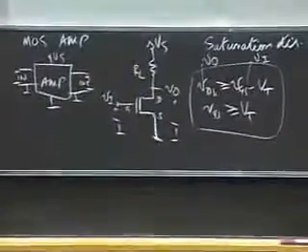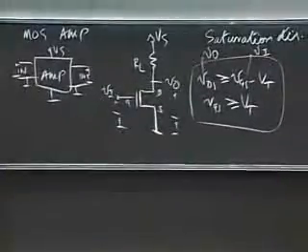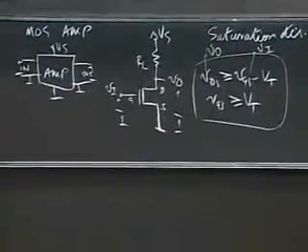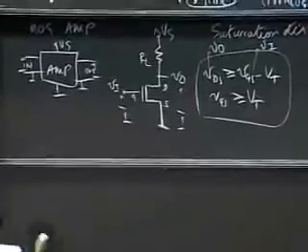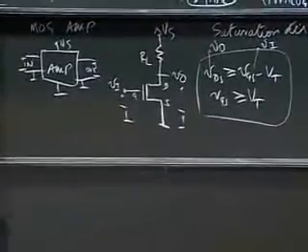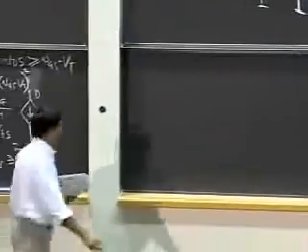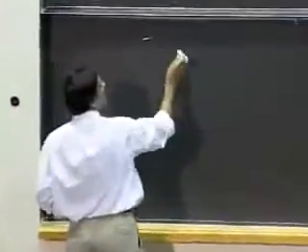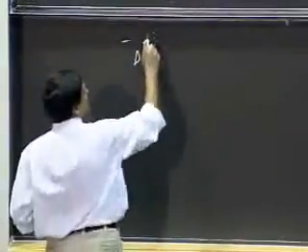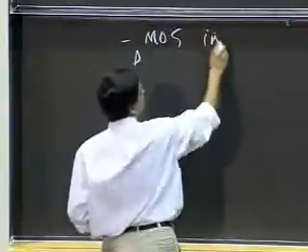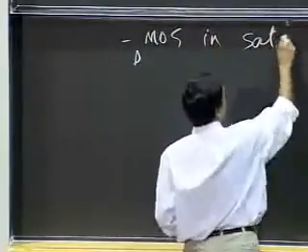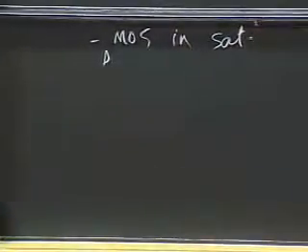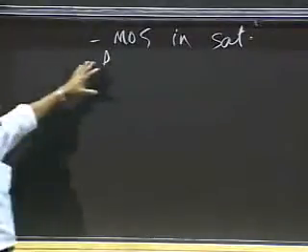So we could go ahead and analyze that circuit. What I do to analyze the circuit, I'm telling you that the MOSFET is behaving in saturation. We have disciplined ourselves to say that in that circuit, the MOSFET is in saturation.